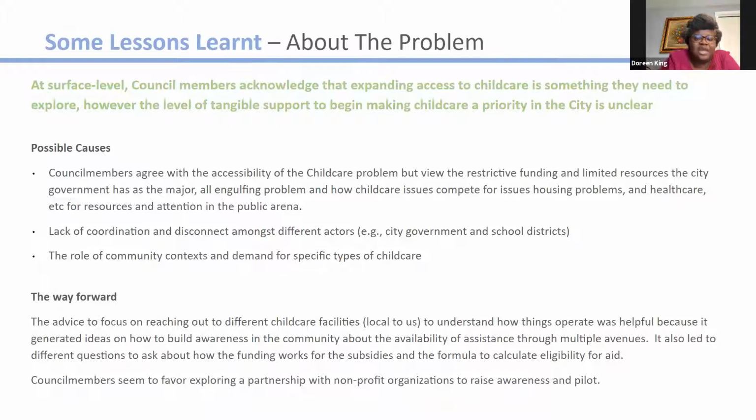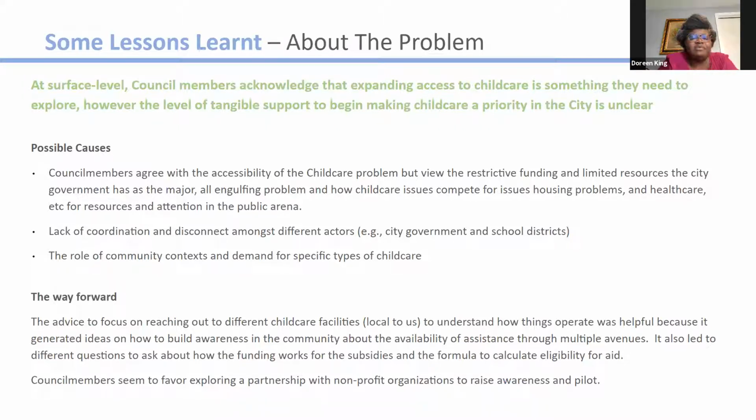And as we delved into that, we noted the differences in how they operate, right? And how important it was to build awareness of the problem for the different levels of actors, so that each person that we thought should care about it actually cared about it. And how do we make them care about it? How do we make them see that this is an important problem, not just for the persons who are lacking childcare, but for everyone as a community, as a state, as a country, right?